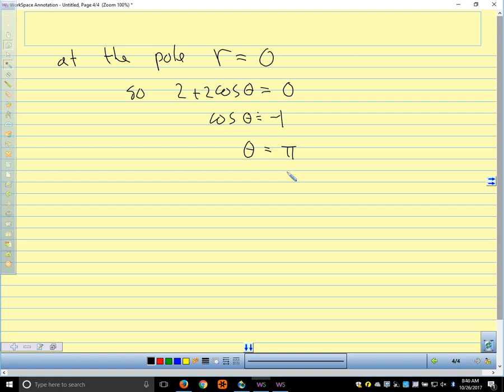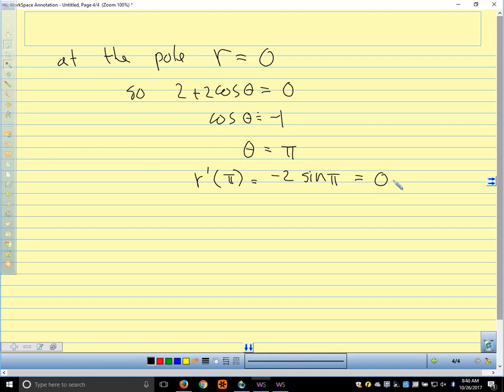We need to check, is r prime of pi equal to 0 at the same time? So r prime of pi is minus 2 sine pi, which equals 0.